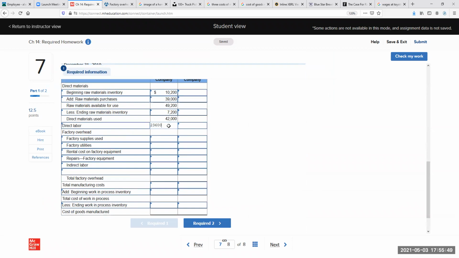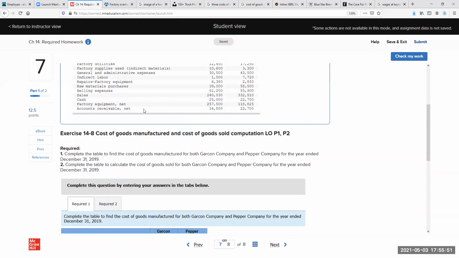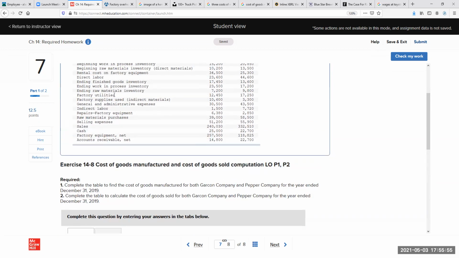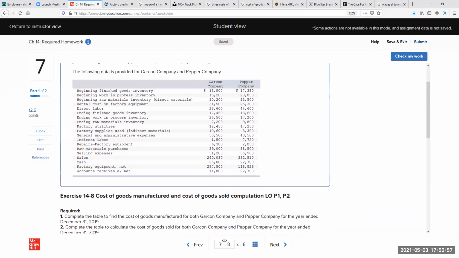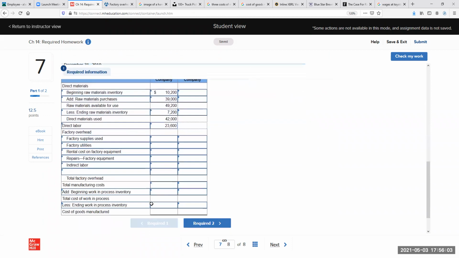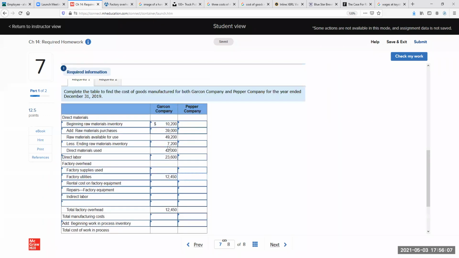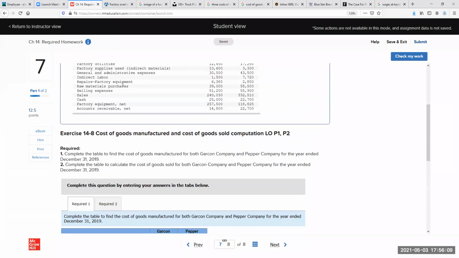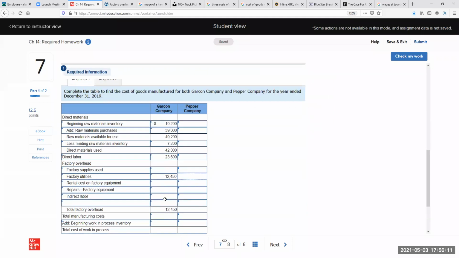Now remember, the indirect labor goes down here. How about factory supplies? Okay, factory supplies used. Does it give us that? Factory utilities, 12,450. So you're just going to have to go one at a time and find these things. Indirect labor, 1,500.